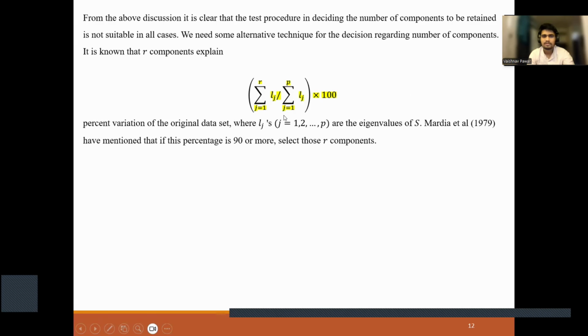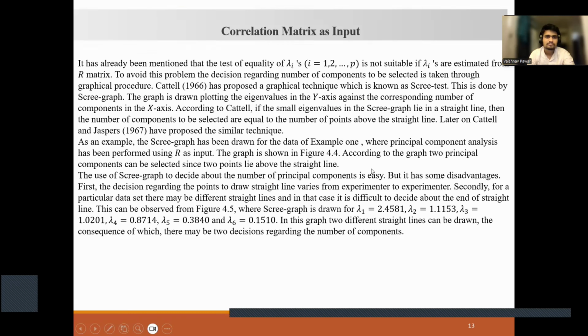The summation from j equal to 1 to r is nothing but our principal components. Then the summation of these components divided by the total summation of all components, times 100, gives the total percent of variation of the original data set, and this is given by S. Mardia, 1979, has mentioned that if this percentage is 90 or more, select those r components.